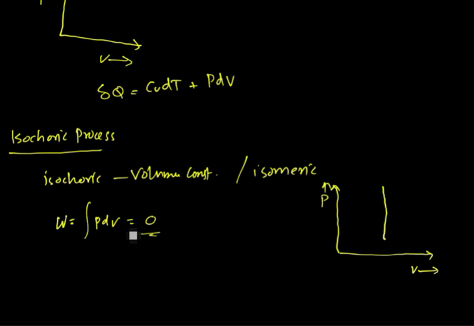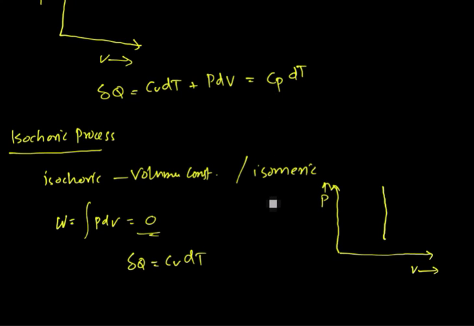So whatever heat is supplied to the system, delta Q, will be utilized to increase the temperature of the system. Here, delta Q in an isobaric process is Cp into dT, which is actually used for increasing the internal energy as well as doing the external work.